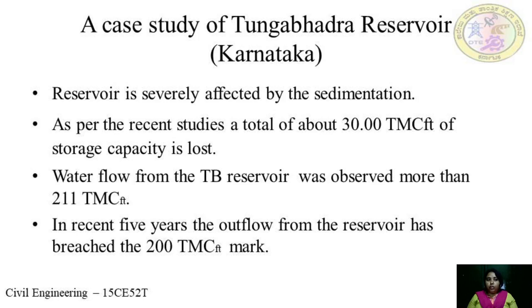Due to good rainfall in the catchment area, the outflow from Tungabhadra reservoir last year was observed to be more than 211 TMC, and for the first time in the recent past 7 years, the outflow from the reservoir has breached 200 TMC. And this is due to the loss in storage caused by silting.